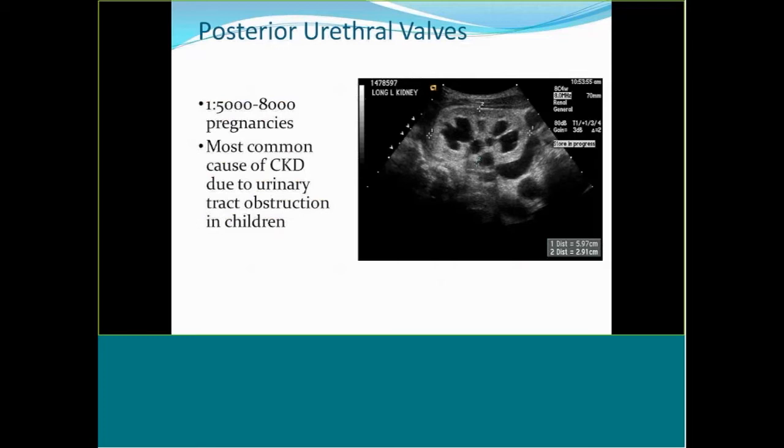Posterior urethral valve, the most common cause of chronic kidney disease due to urinary tract obstruction in children. So you can see the dilatation there on the ultrasound, the thickened bladder wall.